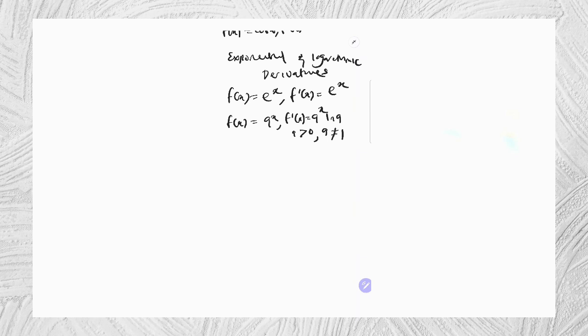And when you have f of x equal to ln x, the differentiation of f of x will give you 1 over x, where x is greater than 0. And when you have f of x equal to log to base a of x, the differentiation of f of x will give you 1 over x ln a, where x is greater than 0, a is greater than 0, and a is not equal to 1.